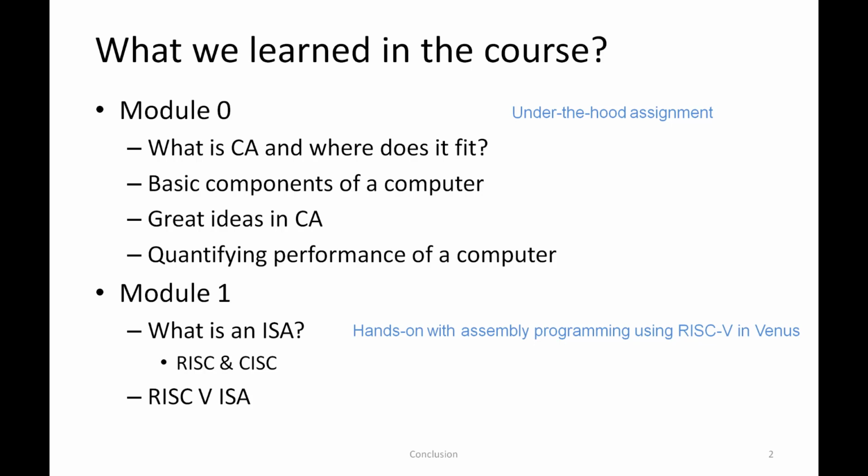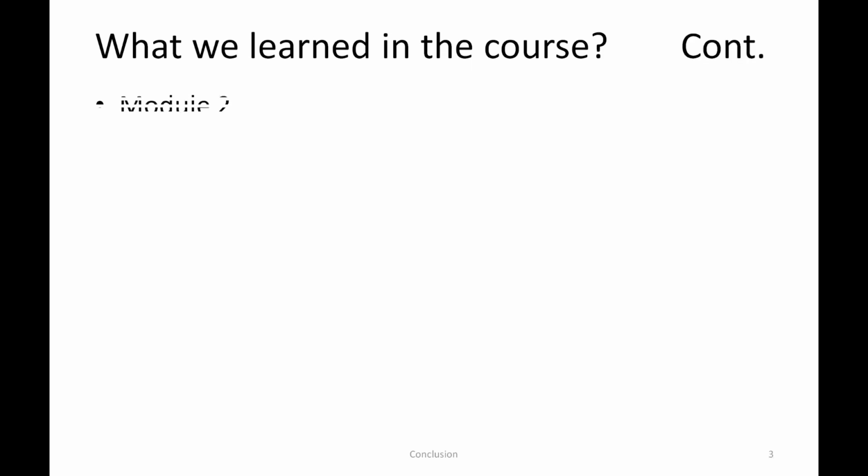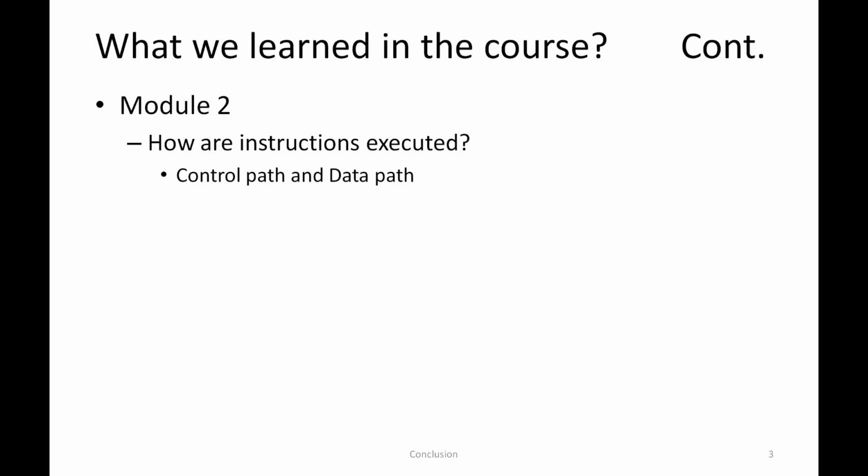After we understood an ISA, we started diving in closer to the hardware, and we tried to answer a question about how the instructions are executed in the hardware. And accordingly, we got introduced to control path and data path.